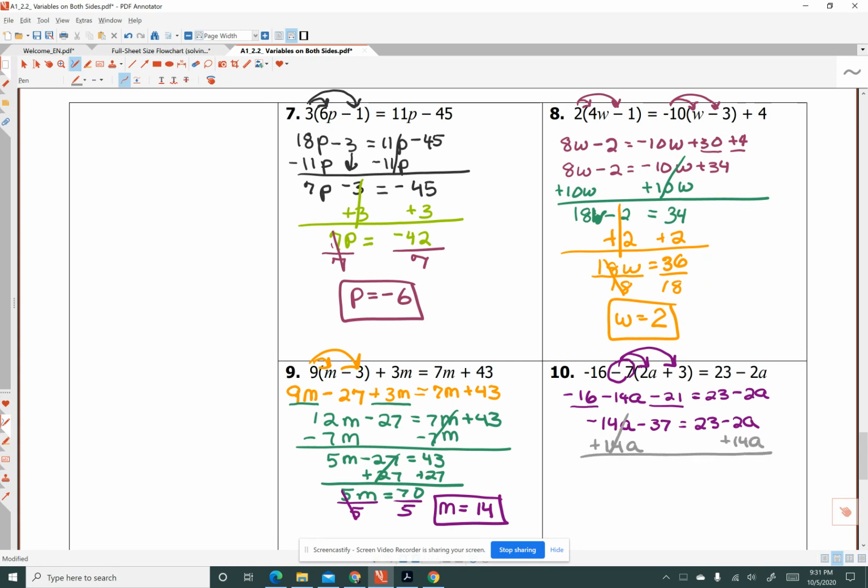So this makes 0. So now I have -37 equals 23 plus 12a. Now I want to isolate the 12a, so I'm going to subtract 23 from both sides.